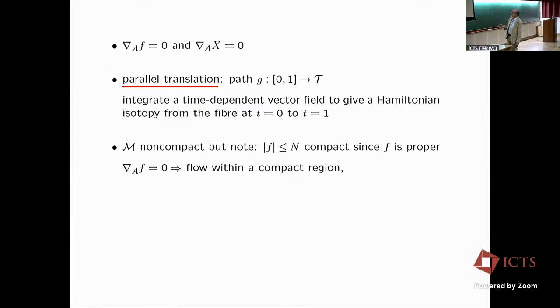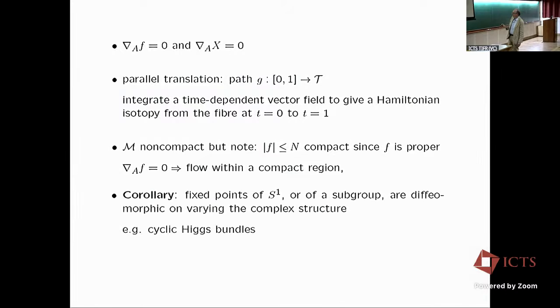That gives you something which is perhaps not so obvious: because the circle action is fixed, the fixed points of the circle action, as symplectic manifolds, are all diffeomorphic. In fact, they're Hamiltonian isotopic. It doesn't have to be the fixed point of the circle.